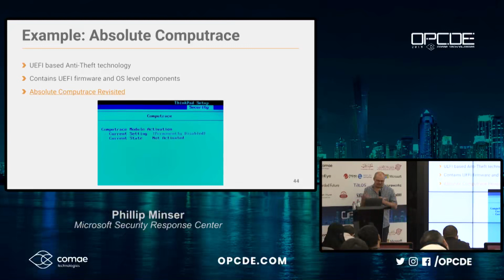Personally, I recommend disabling this technology if you have a laptop with it, because it's pretty scary that something is injected into the BIOS which the BIOS vendor doesn't know much about internally. Also, it communicates with the operating system level. So yes, a pretty interesting feature.